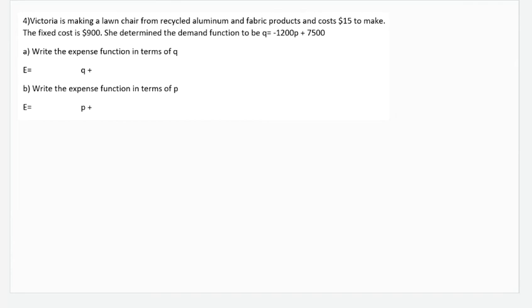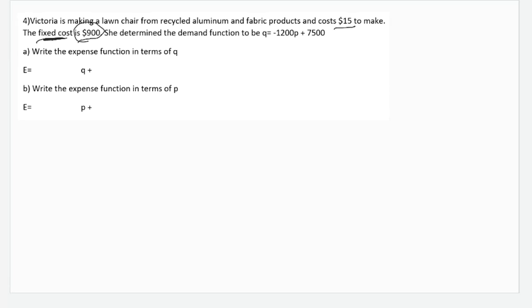Next one, so Victoria is making a lawn chair from recycled aluminum and fabric products that cost $15 to make. The fixed cost is $900. She determines the demand function to be Q is equal to negative $1,200 P plus 7,500.